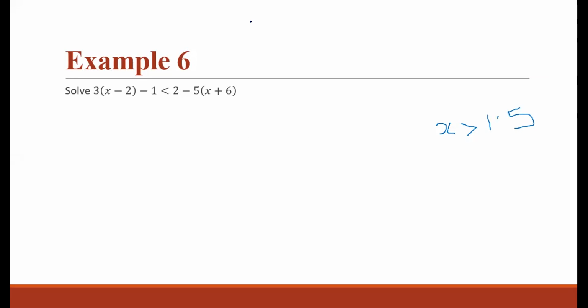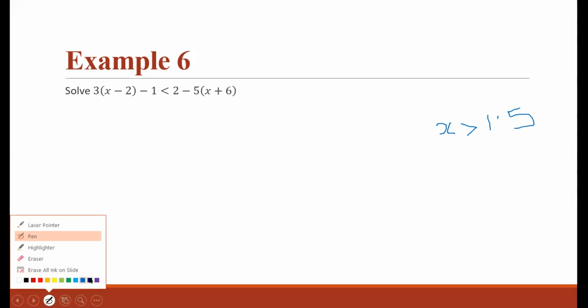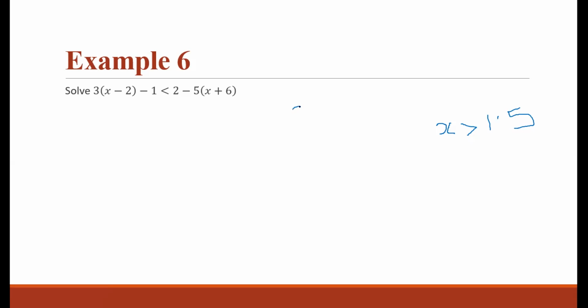Yes, there is one who has given x less than, Tekashi. Tekashi has given x less than 1 over 6. Yes, thank you. We now have 2 answers. Is there anyone trying out? Say so that we wait for you, or else we do it.